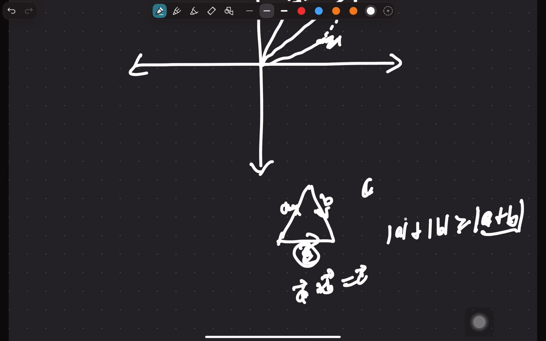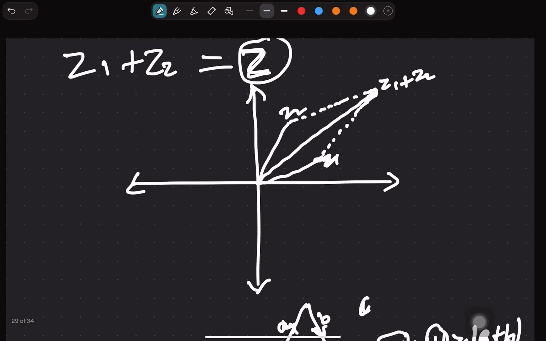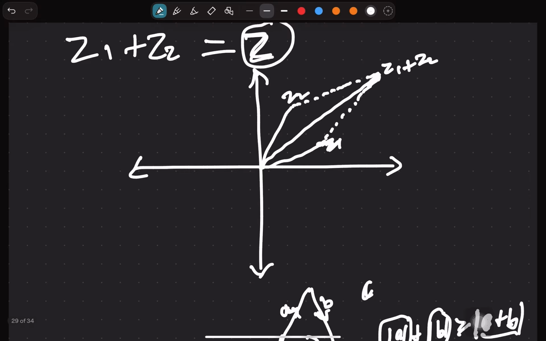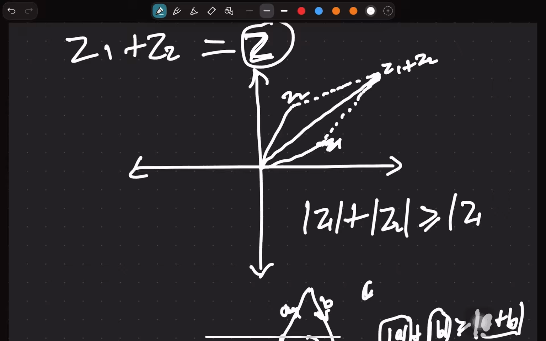When we take the individual magnitudes and sum them, it should be greater than or equal to when we take the magnitude of the summation of the two vectors. So when we extend this into the complex numbers, the magnitude of z1 plus the magnitude of z2 should be greater than or equal to the magnitude of z1 plus z2.